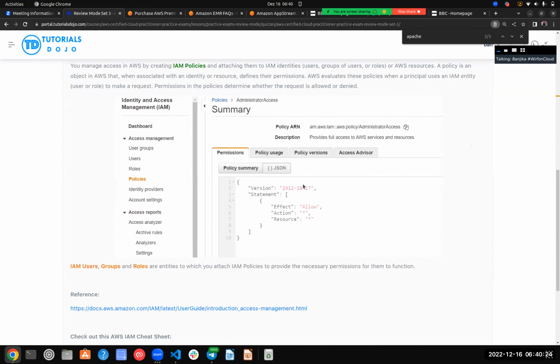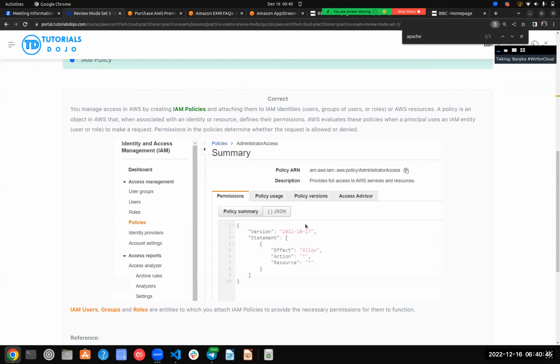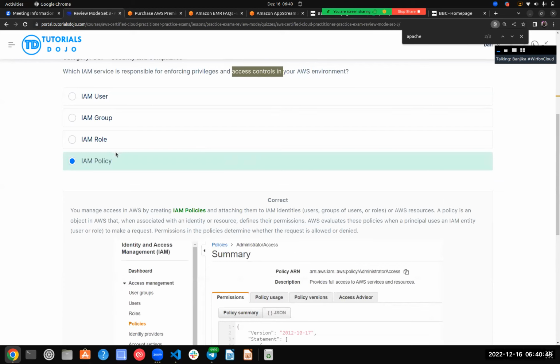This is an example of a policy. It's in JSON format, and a policy always has permissions: the effect is allow or deny, then the action, whether it is allowed to read or write, and then what resource. So it's important to remember what each thing is. A user is an identity used for authentication, but you always have authentication and authorization.